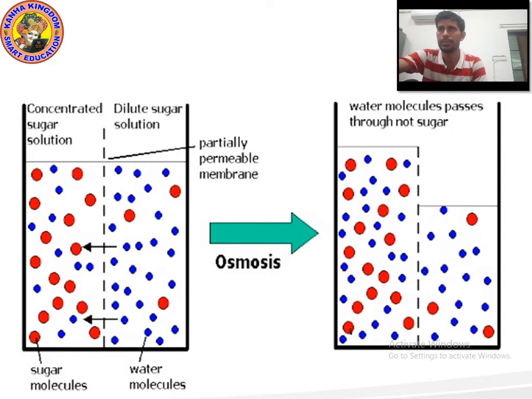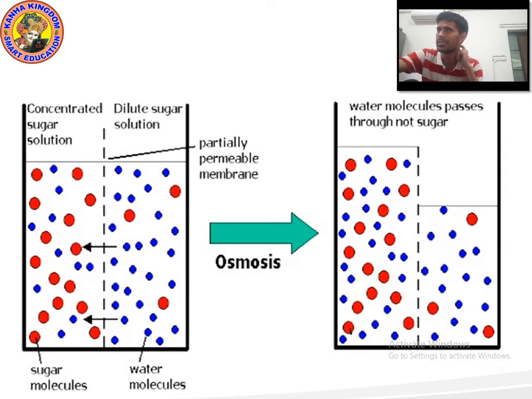So what is happening? Water is passing from the region of high water concentration to the region of low water concentration. You can see the passing of water, which is allowed by the membrane.